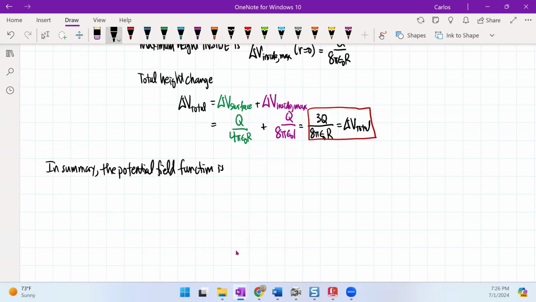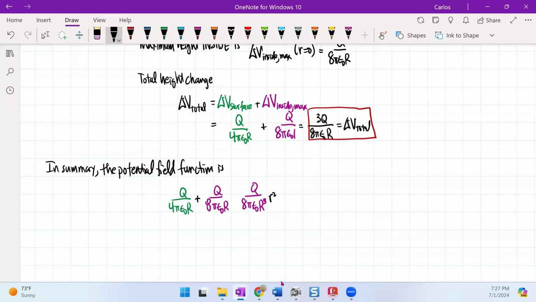It's going to say that I have an outside field, and look at the relationship. I'm going to have the outside contribution, so I'm going to get Q over 4 pi epsilon r cubed. Then I get the inside term, which reads Q over 8 pi epsilon r cubed, and then I have this r squared term.